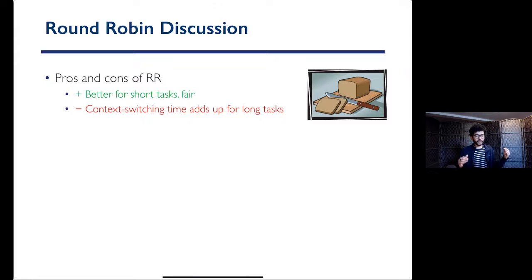So the throughput is going to be 4 tasks in the length of the tasks plus 3 context switches. That's going to be the throughput. Now with round robin, depending on how short my time quantum is, I'm going to have more than 3 context switches.